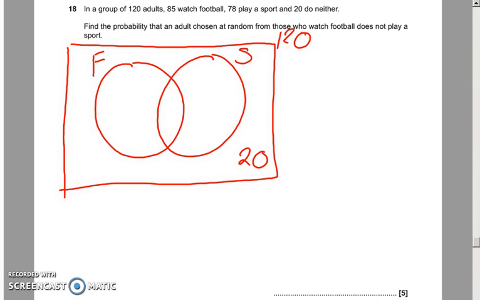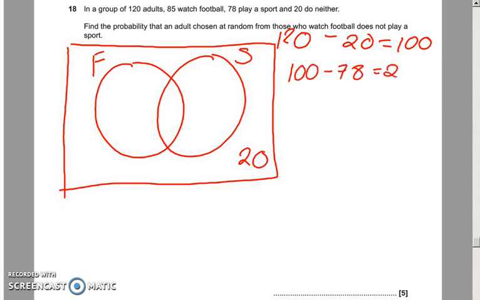We've got to somehow work out what number is being shared into that Venn diagram. So we're going to do 120, take away 20, which is 100. So we know 100 has to be split up into those two circles. Let's just look at sport because we can. So let's do 100, take away 78.